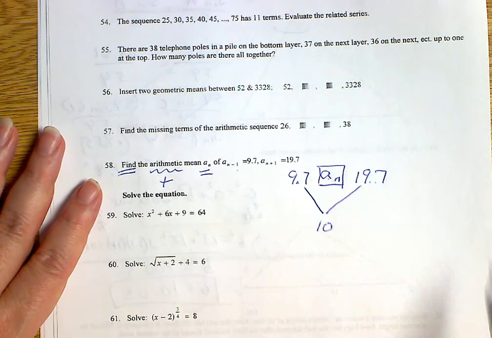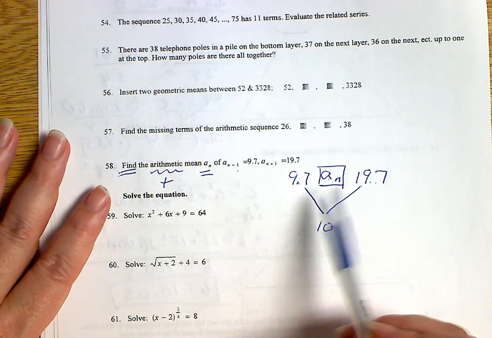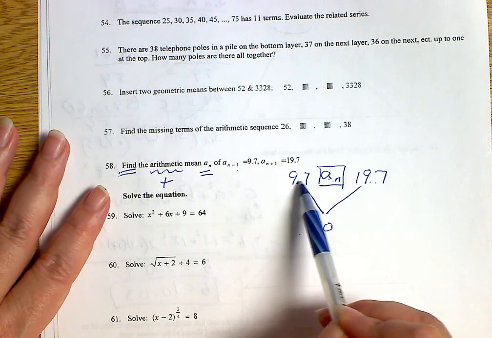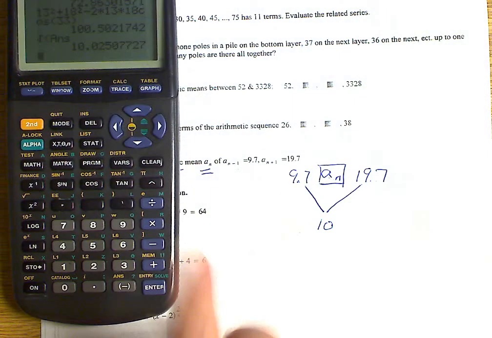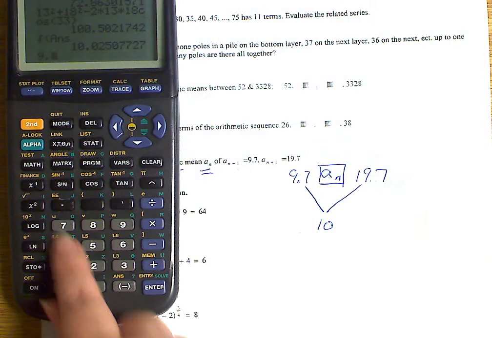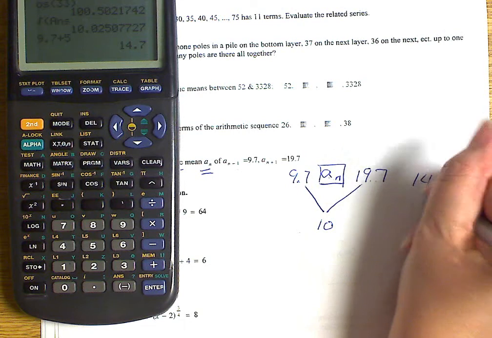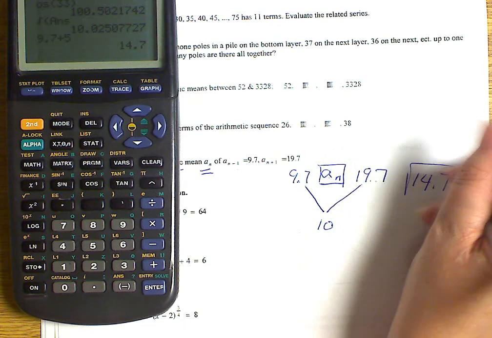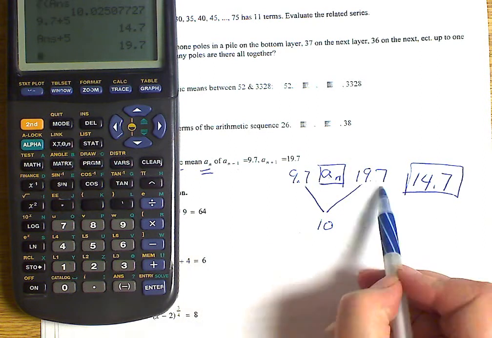Yes, we're adding 5 each time. Because if we have 9.7 and we have 10 divided by 2, so we have 5. So 9.7 plus 5 gives me 14.7 as my answer. Make sure that you plus 5 and you get 19.7, so that is correct.